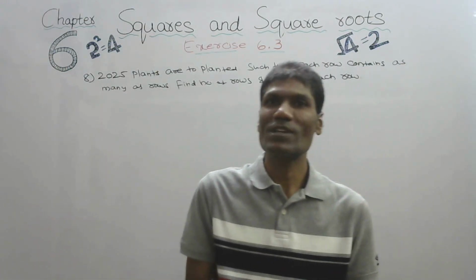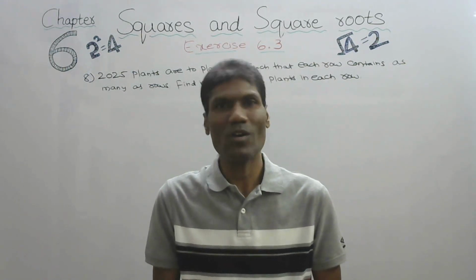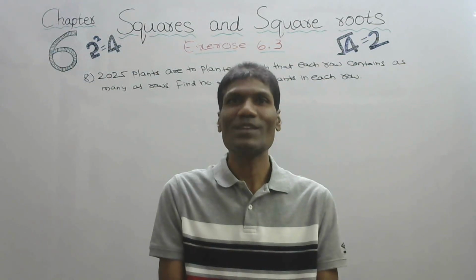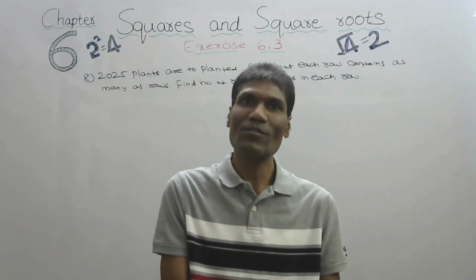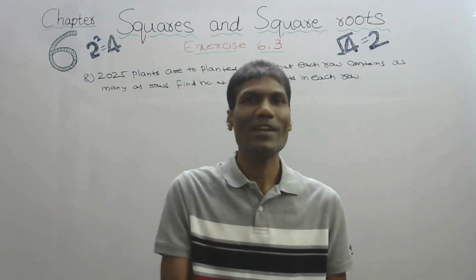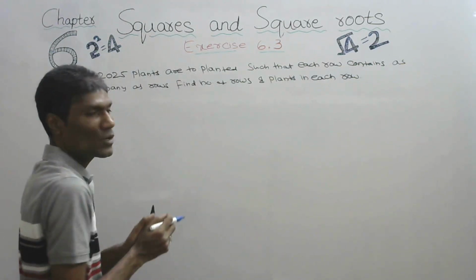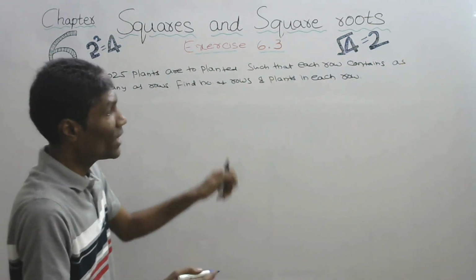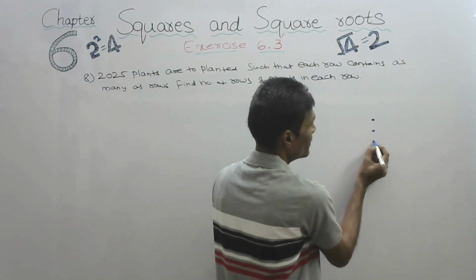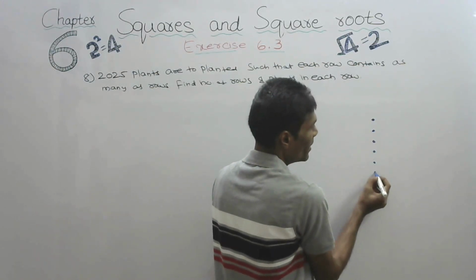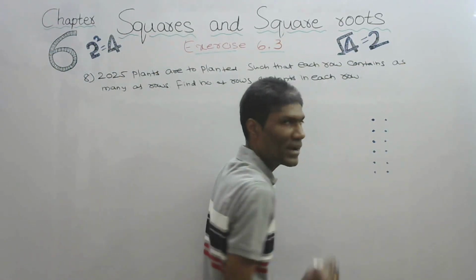Next, 8th question. Some plants have to be planted in rows and columns. Simply he says the number of plants in a row is equal to the number of columns. In other words, there are 2025 plants, and each row contains, for example, this is the way we are planting.